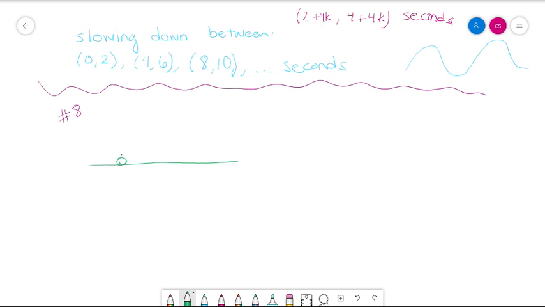There's our ball, and it goes up in the air, and then it reaches a maximum height, and then it comes back down to the earth, right? And in this scenario, it just goes straight up and straight down, okay? And our position function for this scenario is given to us as 80t minus 16t squared, okay?